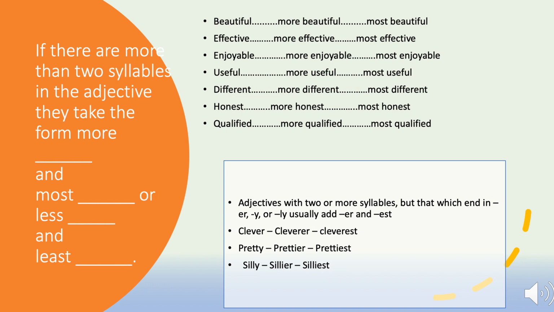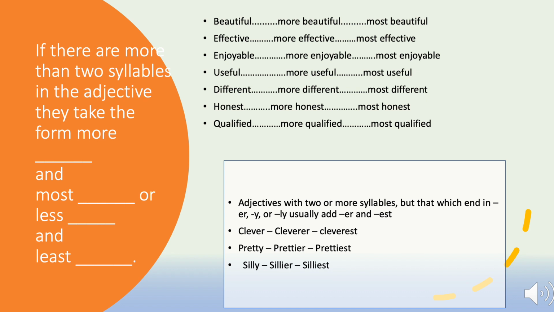So, adjectives that have more than two syllables do not normally take the inflection er and est, especially adjectives which have more than two syllables and those which end in ful, ent, and so on. They take the words more and most or less and least to indicate the different degrees of comparison.